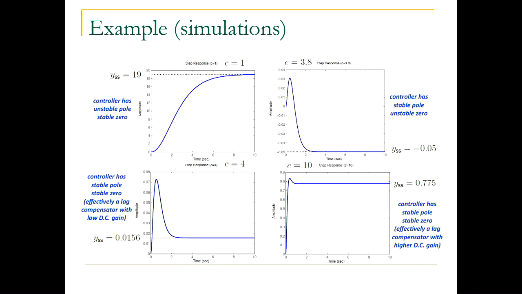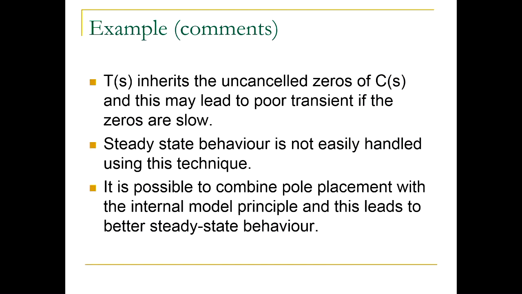But what we can do is augment the pole placement with the internal model principle to address both steady state errors and transients through pole locations. So how do you do that? Well, we'll present that next. So just a few comments. The complementary sensitivity function would inherit the uncancelled zeros of the controller, and hence we might have poor performance due to the zeros of the controller.